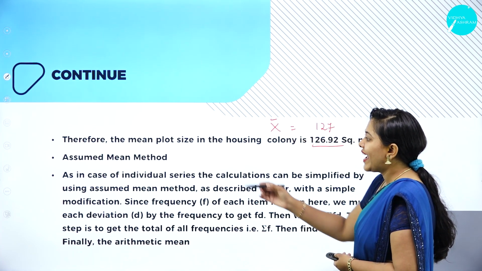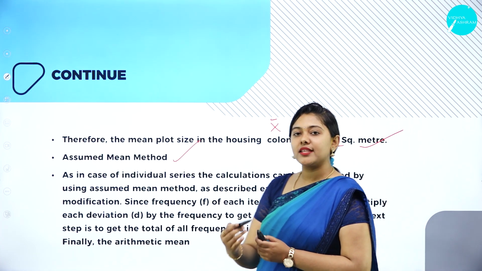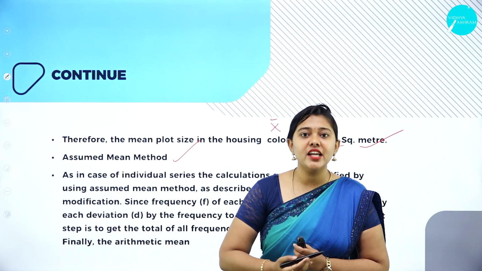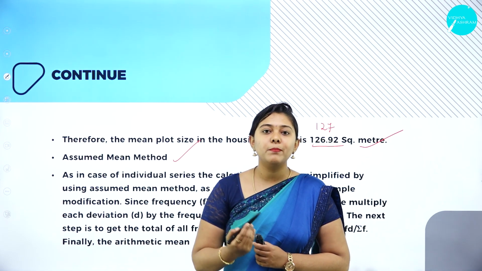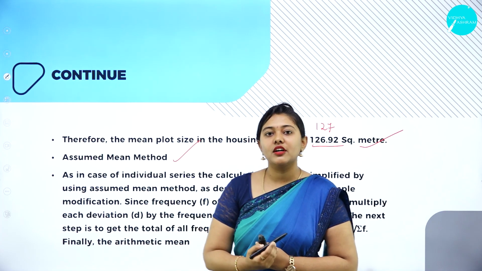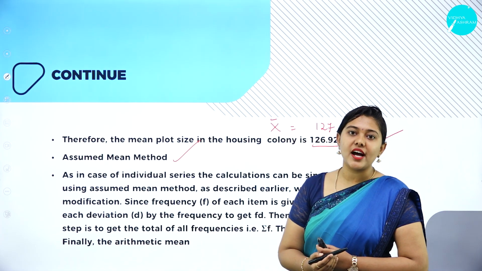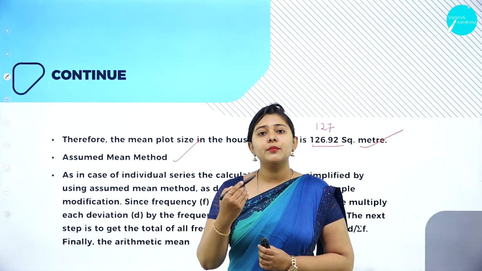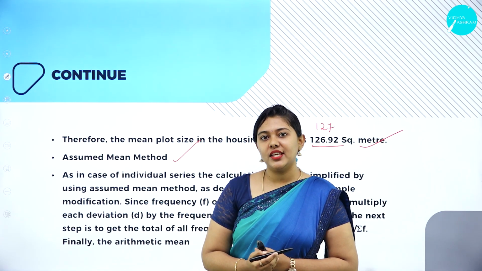Moving forward, we have the assumed mean method. As I have told you, to further simplify the answer, for easy identification, we have another method called the assumed mean method. We already discussed this when we did the problem in your individual series classes.